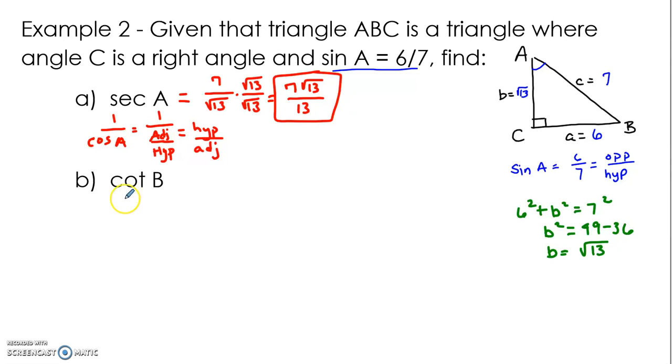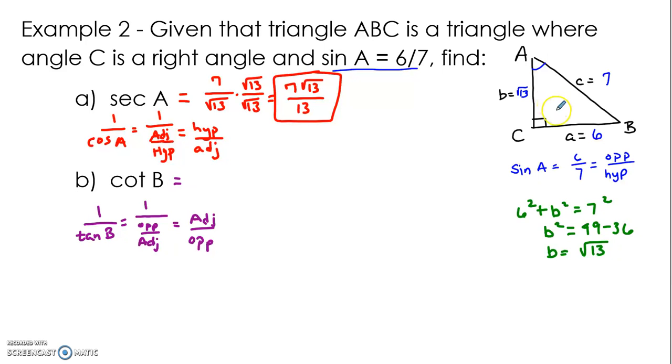Let's go over cotangent of B. I know cotangent is 1 over the tangent of B. Tangent is opposite over adjacent, so I want the reciprocal of that, which means I'm looking for the adjacent over the opposite.